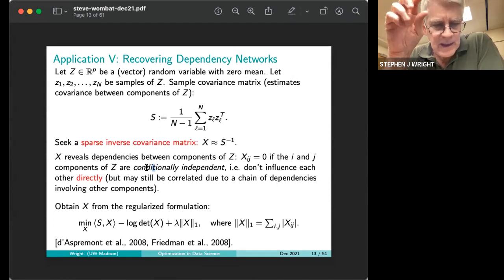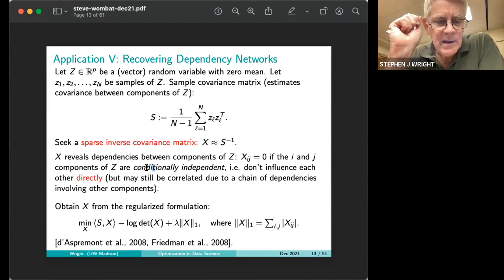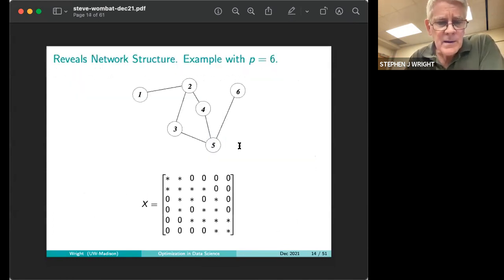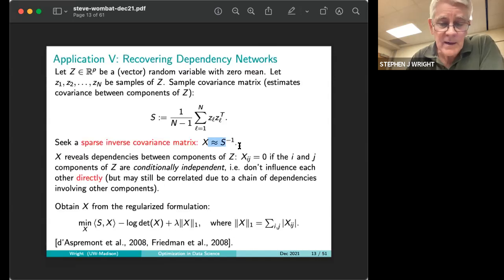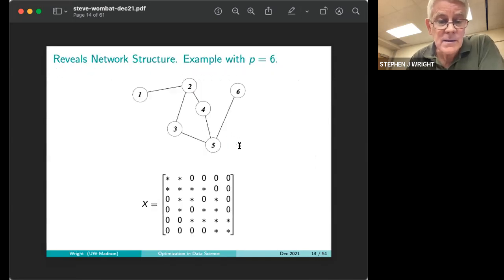So the question becomes, how can you uncover that chain of dependencies? And it turns out you can do that by taking the inverse of S. And there's sort of interesting statistical reasons why that's true. And so you might have, by taking the inverse of S, you get a matrix X, which might actually be sparse. And the locations of the non-zeros in X will tell you the direct causality or the direct influence that different components of Z have on each other.